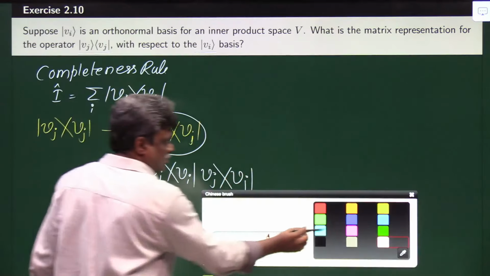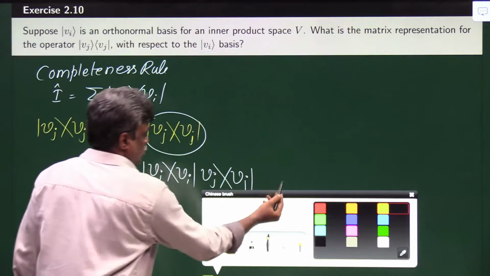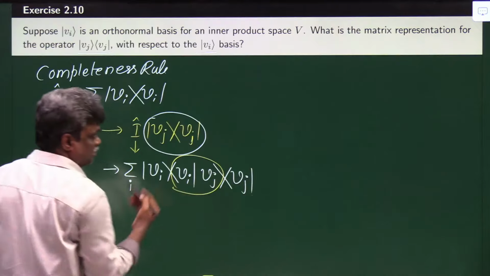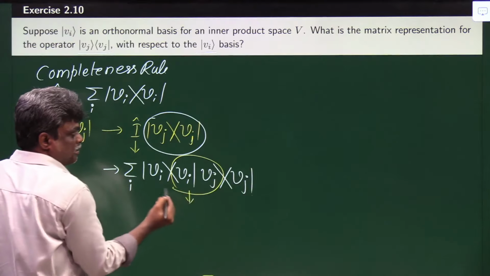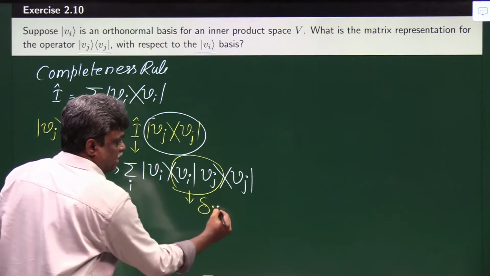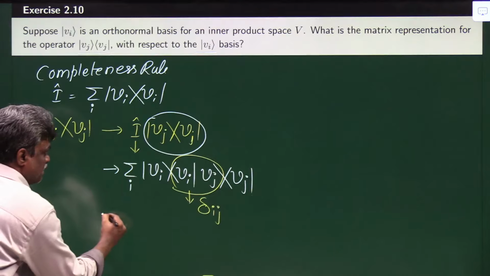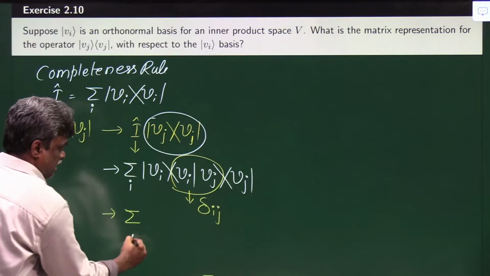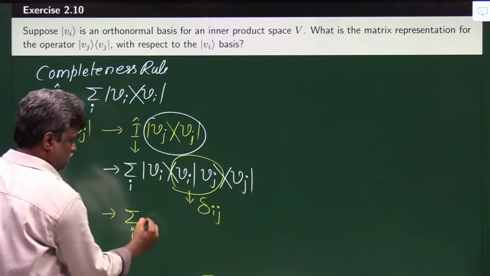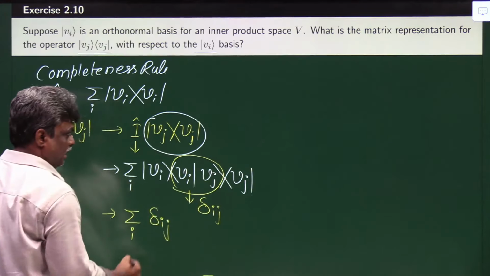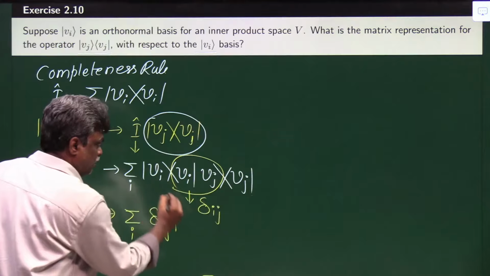Now, if you observe carefully, here we have one inner product. In the earlier problems also we discussed, this inner product is nothing but the Kronecker delta, delta ij. So we can write this as summation over i, and this is delta ij. Okay, and here we have again one more outer product.